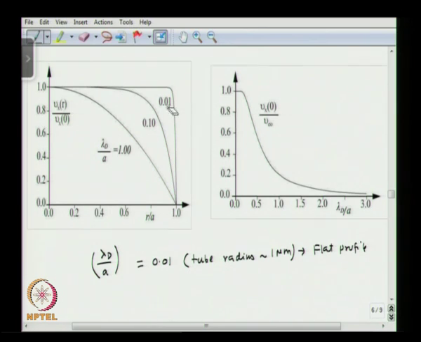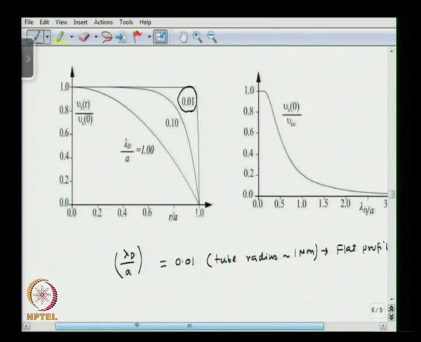As you can see here, this is the value of lambda d over a for which this is the flow profile. This is the radial velocity over the characteristic velocity, which is nothing but u EO at the center. You can see that the profile is very flat over a significant part of the flow.